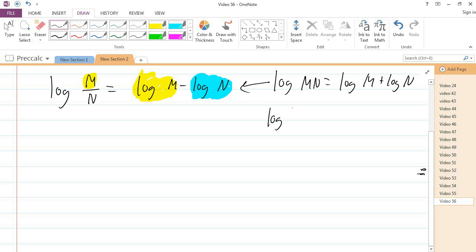The log of m over n equals the log of m times n to the negative 1 power, and that equals stuff that, if you play it out, gets you that. So work that out if you want any bonus, and I will collect it tomorrow.